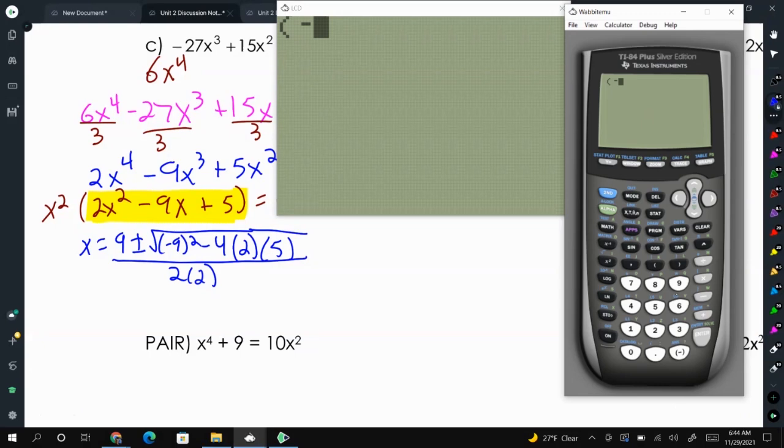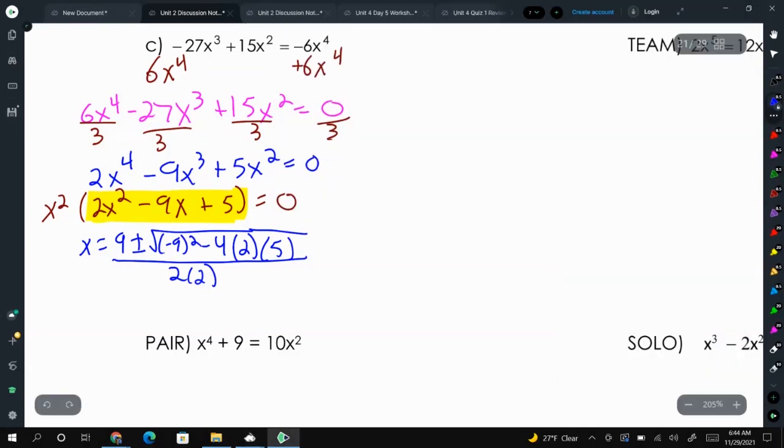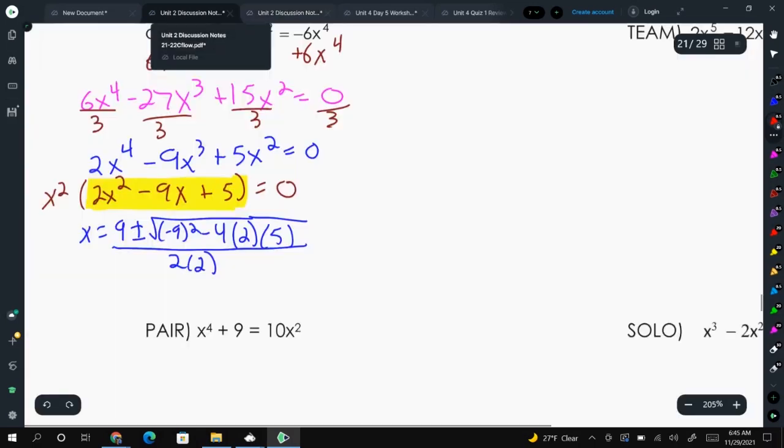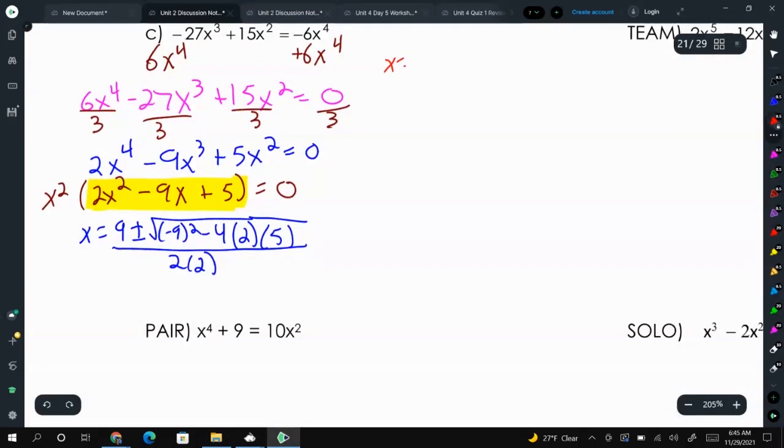I'm going to type in the discriminant first: negative 9 squared minus 4 times 2 times 5. I get 41. So this is going to be x equals 9 plus or minus the square root of 41 over 2.